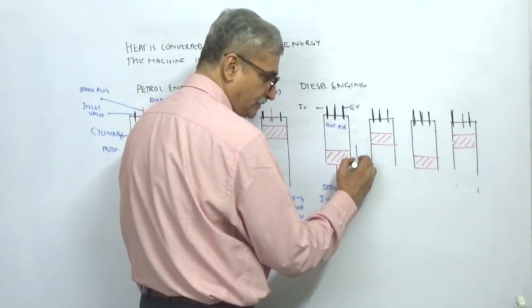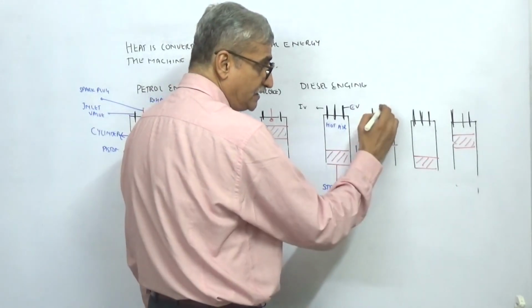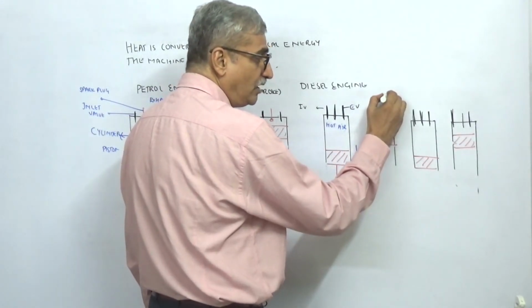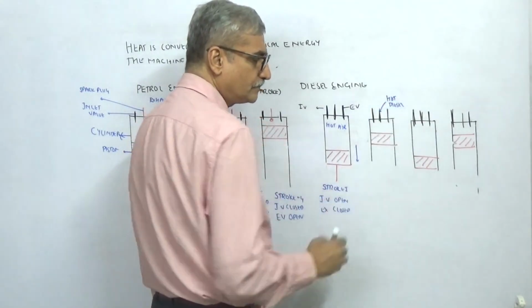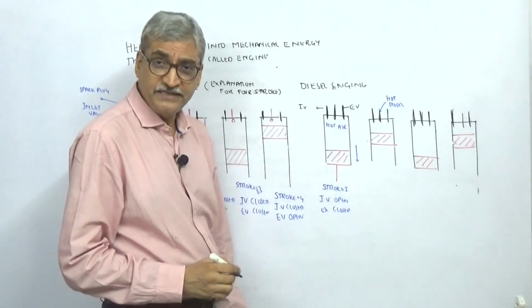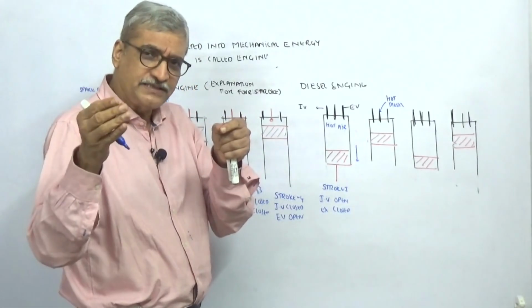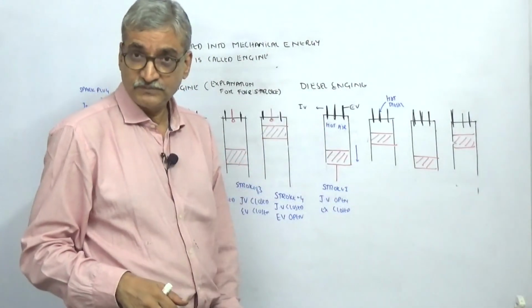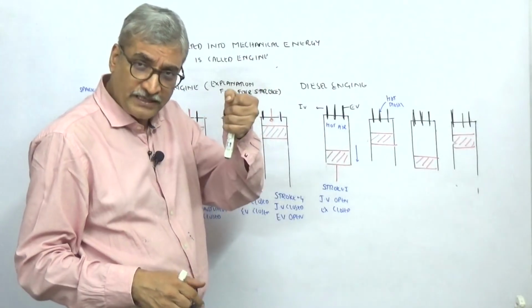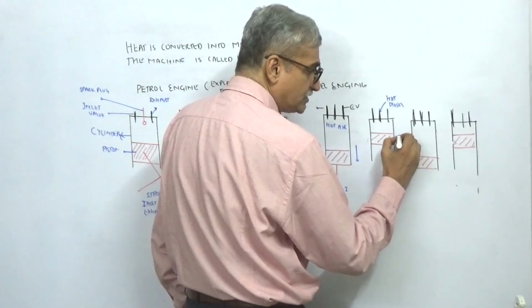This is the first stroke. Then from this, we put hot diesel. After putting hot diesel with the hot air, there is a heater actually, through which the diesel passes, and that hot diesel is poured in. And while diesel is getting poured, we are also compressing it. So your second stroke is compression.